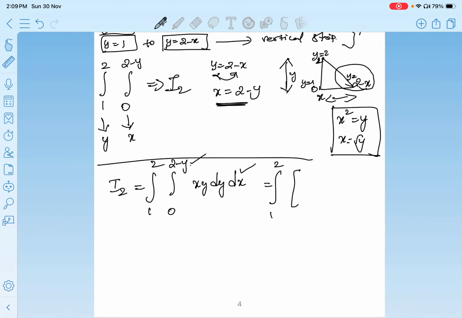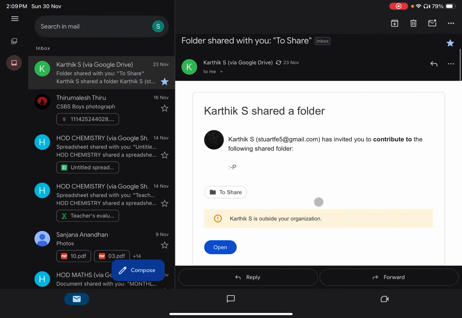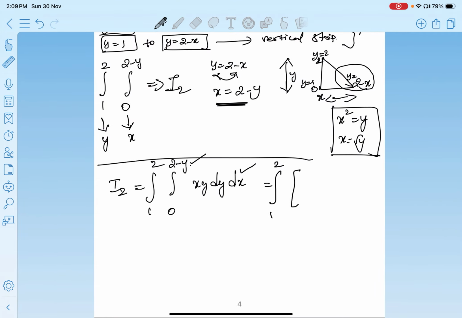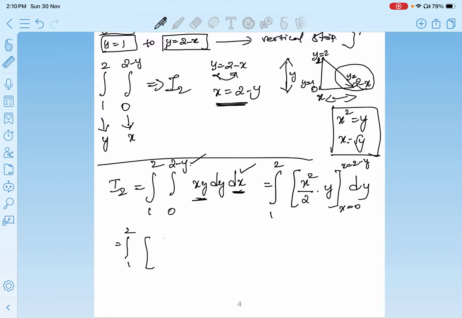So we get x square by 2 into y into dy. Here we substitute x equal to 2 minus y and x equal to 0. Integral 1 to 2, 2 minus y the whole square by 2 into y minus 0, into dy.